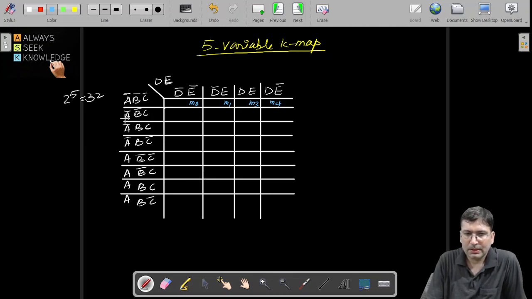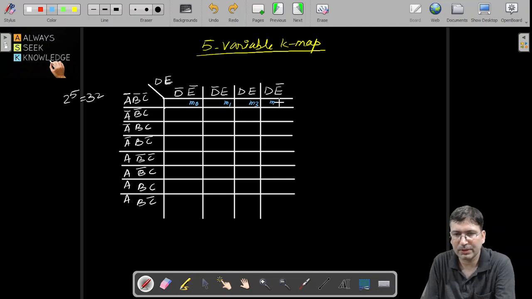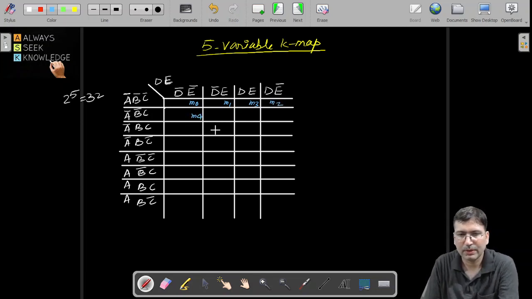Then this is 0 0 1 0 0, so, oh, this is not 4, it is minterm 2, right? M4 will come here because this is 4. And then this will be 0 0 1 0 1, so this is 5, then it is 6, then it is 7. It is fine.